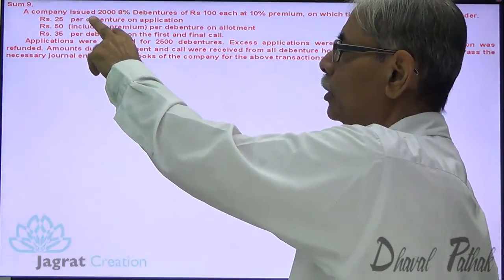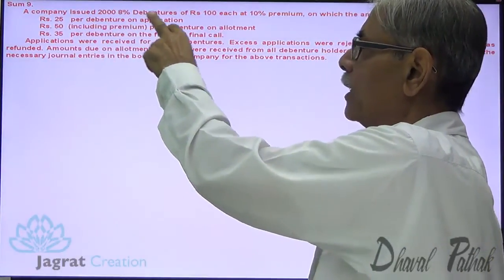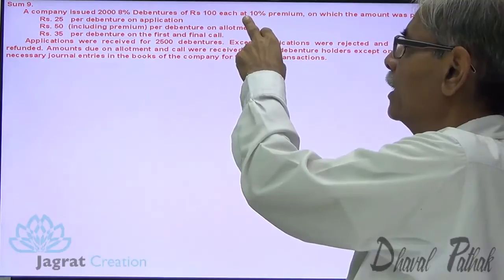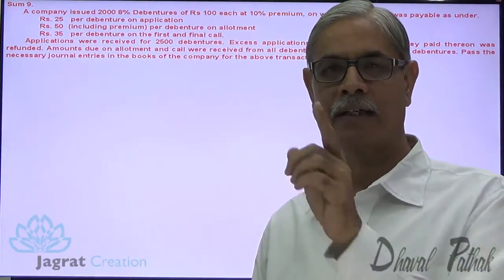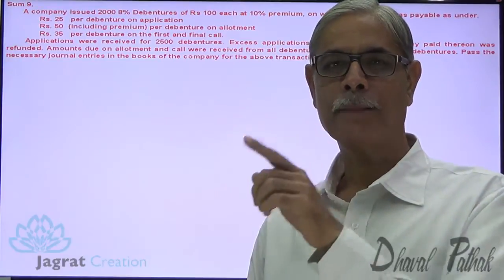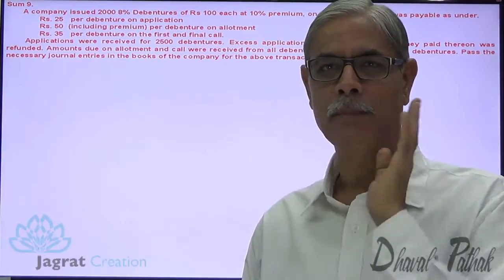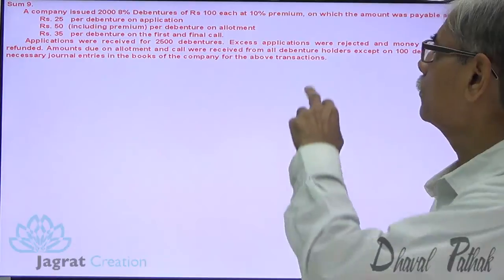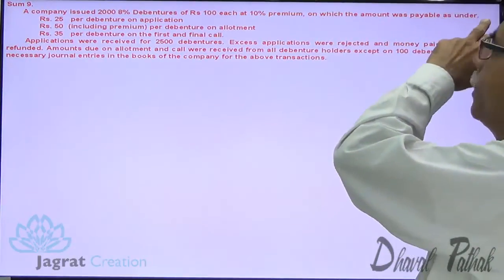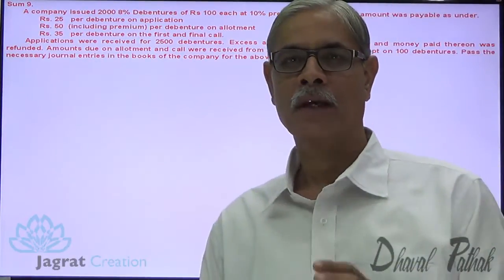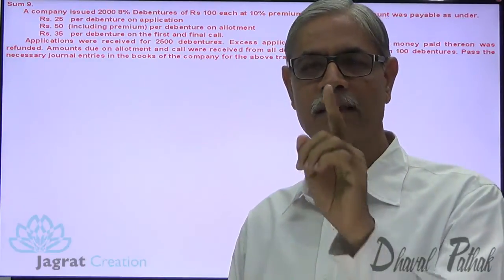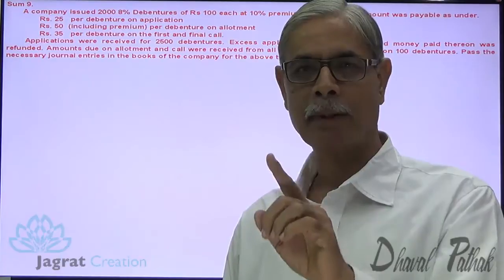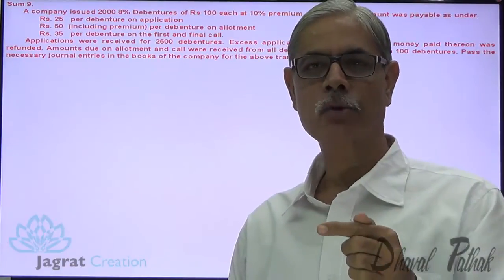A company issued 2,000 8% debentures of ₹100 each at 10% premium. So debenture of 100, 10% premium, 10% of 100, 10 rupees is the premium. The amount was payable as under. How? 100 is the face value, 10 is the premium, so 110 is to be recovered.